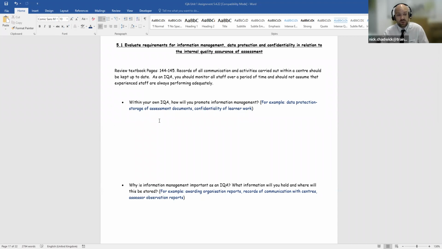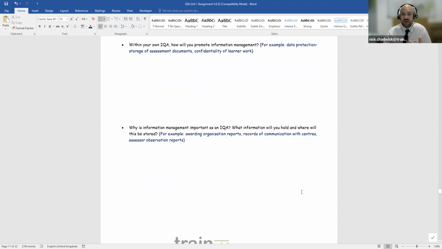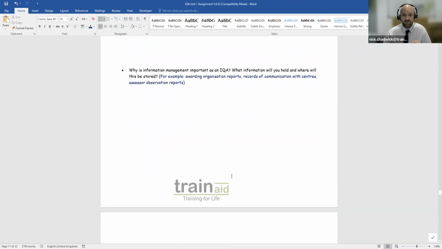So for this section, we would like for you to reflect on data management. Okay, we would like for you to explain within your own IQA role, how will you promote information management? Okay, so for example, how will you ensure data protection is being promoted, the storage of assessment decisions, and how will you promote confidentiality of learner work?